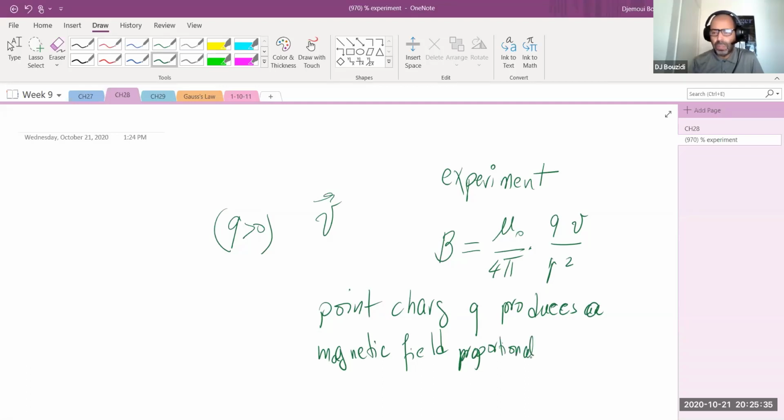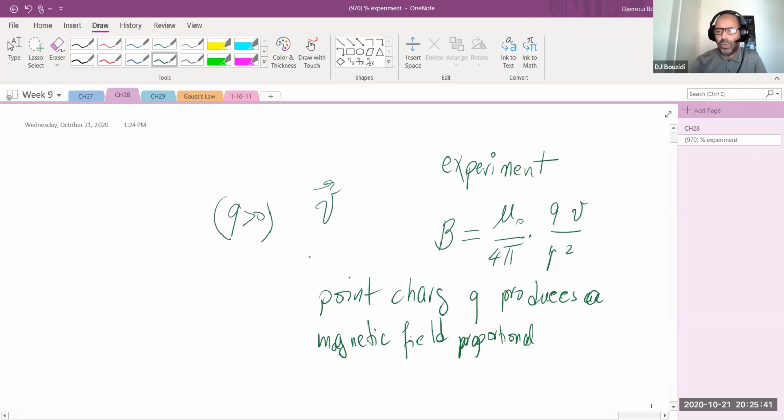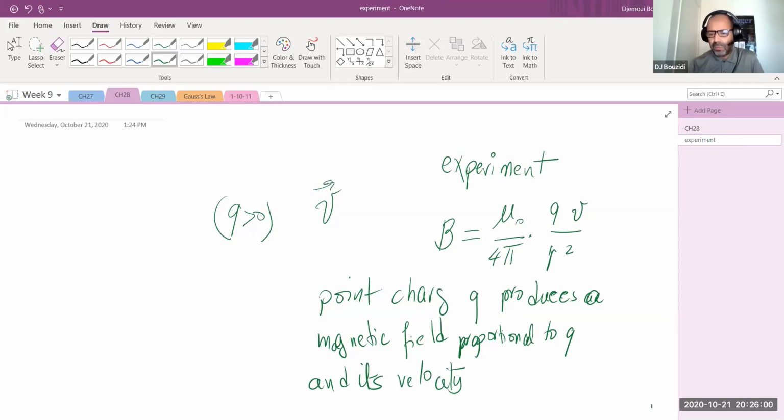Remind me, Sebastian, because you have raised a very important issue, because that is actually the bulk of the problem, not this one. Not what I'm writing right now, which is a little bit easy enough. So it's proportional to q, to the charge itself, and its velocity. So it's important that it has to be moving. So if it's not moving, it has no magnetic field.